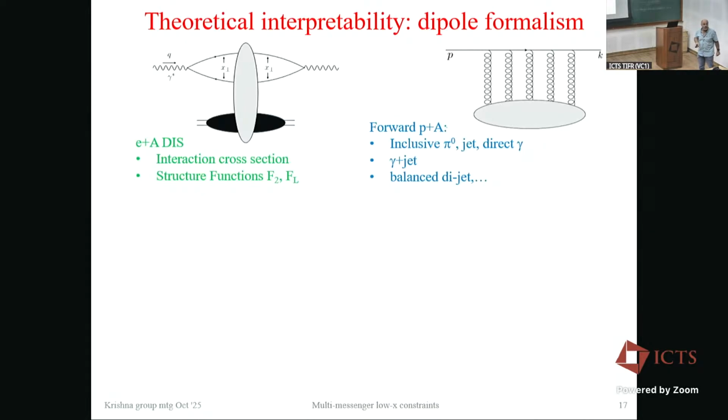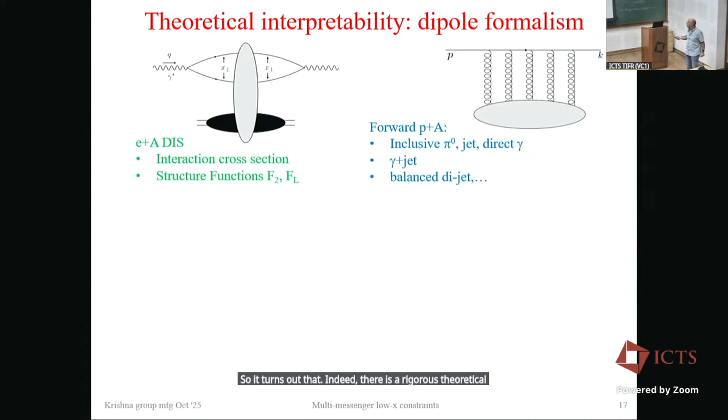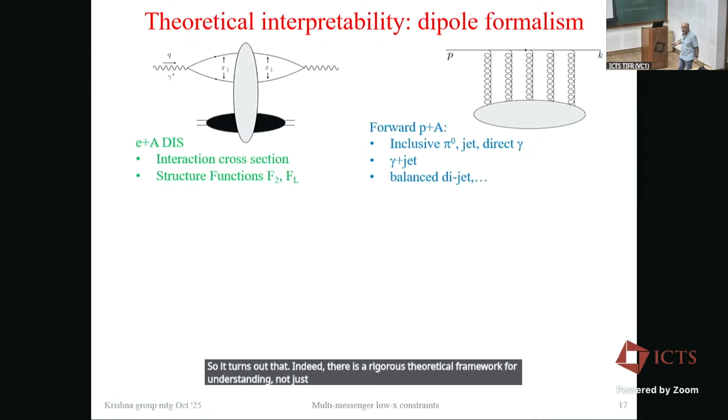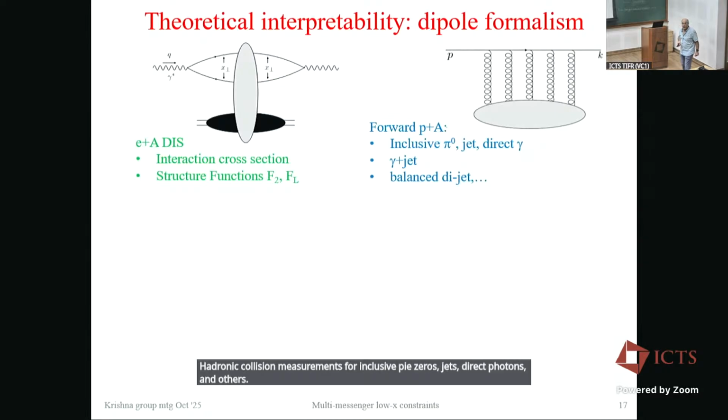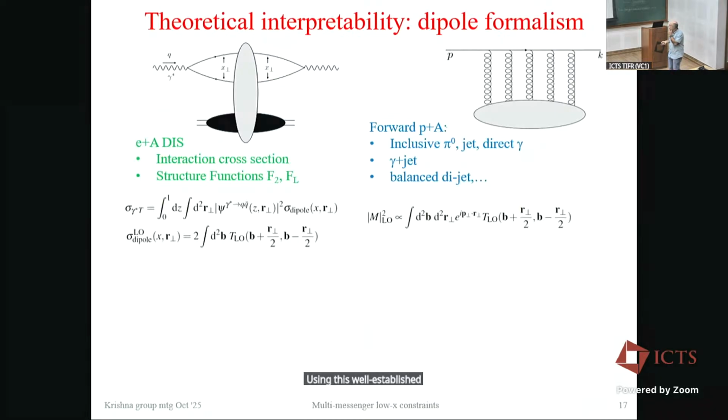indeed there is a rigorous theoretical framework for understanding not just deep inelastic scattering at low x, that shouldn't surprise you, but also very forward hadronic collision measurements for inclusive pi zeros, jets, direct photons, and others, using this well-established dipole formalism.